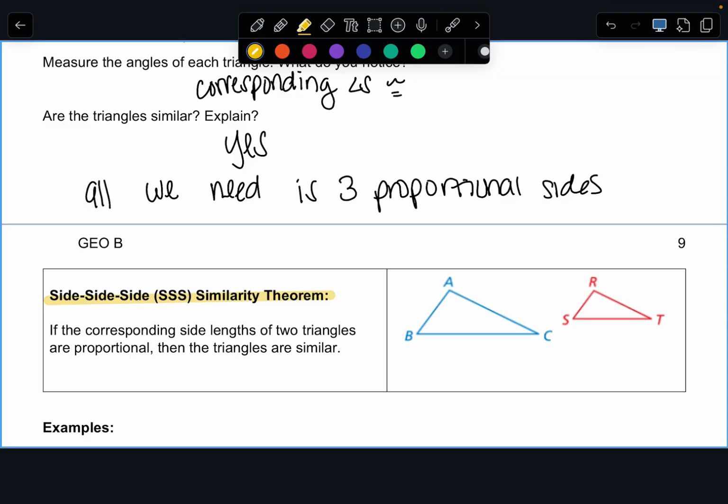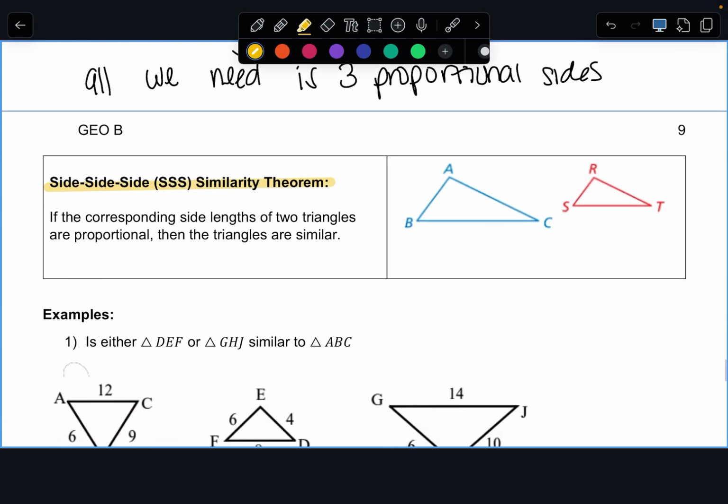So let's set up what we would need to know for this picture to determine that these triangles are similar. We would need AB to be matched with RS as a ratio, so as a fraction.